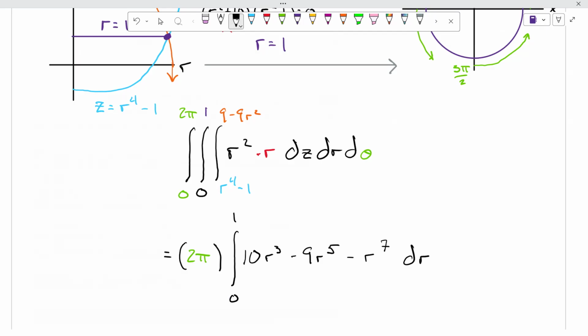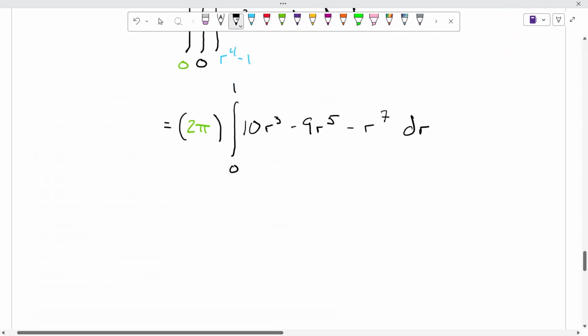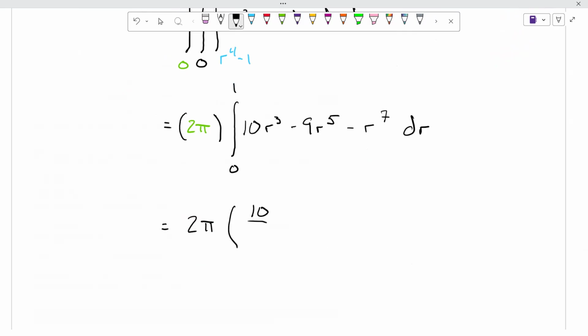So now I just have to do that. So this looks like 2 pi times 10 over 4 times 1 to the fourth, minus 9 over 6 times 1 to the sixth, minus 1 over 8 times 1 to the eighth.